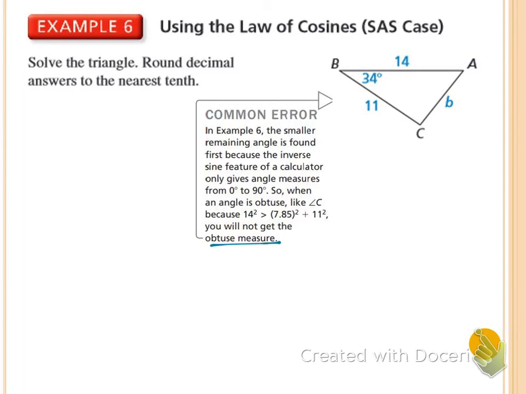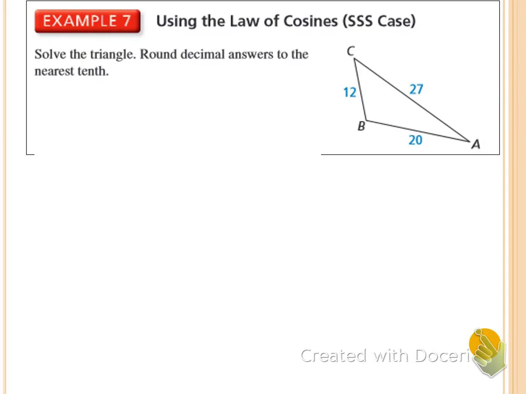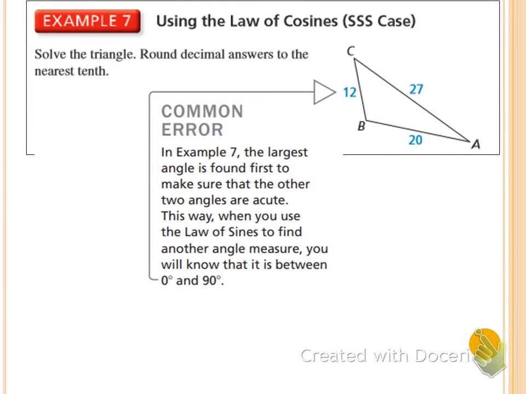For the next example, there is also a special rule, but it's a little less complicated. Again, you can't use the sine button for an obtuse angle. So what you need to do here, where there is an obtuse angle, is find the angle across from the longest side first. Here's what it reads.